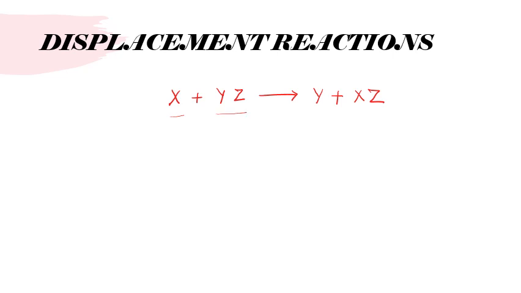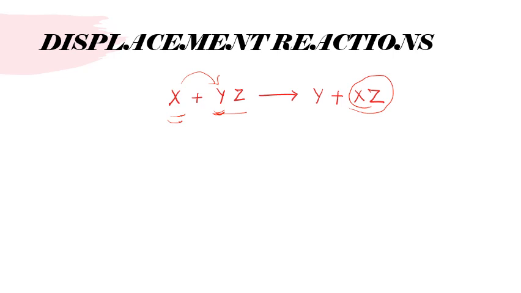Here X is more active than Y, and therefore X will replace Y and form a new compound XZ along with the element Y. So you can see that the more active element X has replaced the lesser active element Y from the compound YZ, thereby making a new compound XZ.